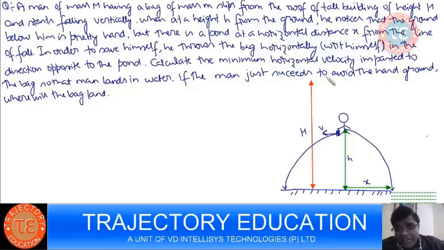If he just succeeds, it means he provides the minimum velocity so that he lands just over here. Just succeeding means he is falling at this position.